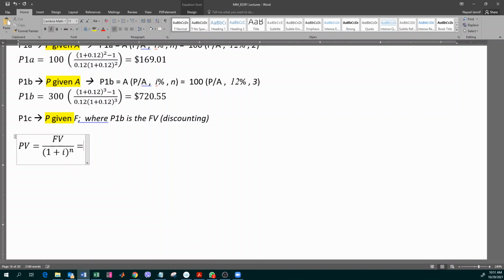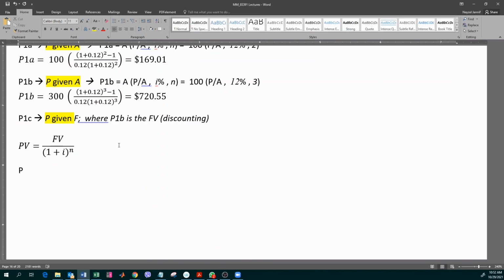Okay. So what is the proper way to write this? Guys, what is the proper way to write this? We say that P1C, that was just the formula, guys.